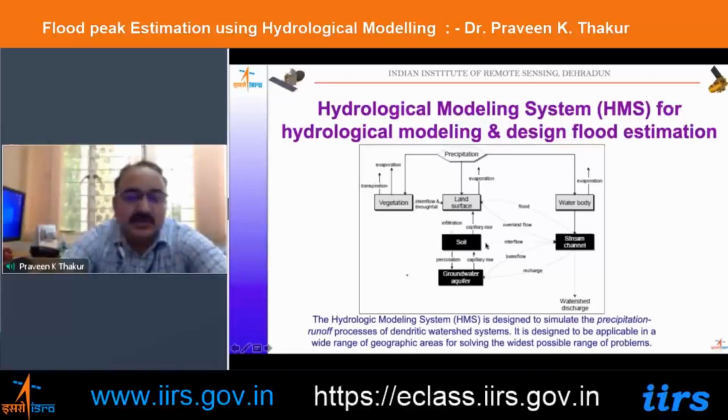There is also an option for the channel infiltration, and then also there is an option for the deep groundwater percolation. So primarily, if it is a short duration event-based flood, then it will be the overland flow which will be coming to the stream channel, and then from this you can do the routing to get the discharge at the outlet point.